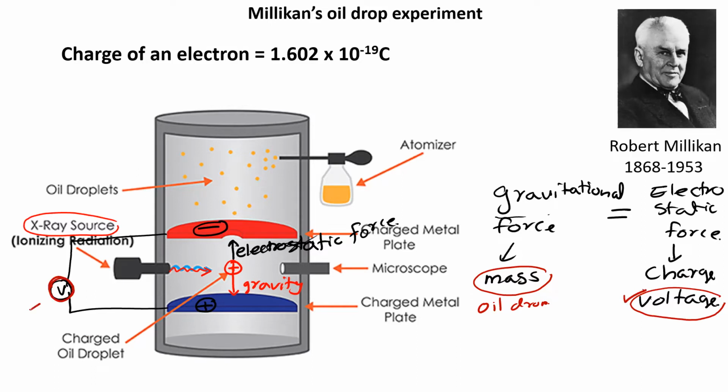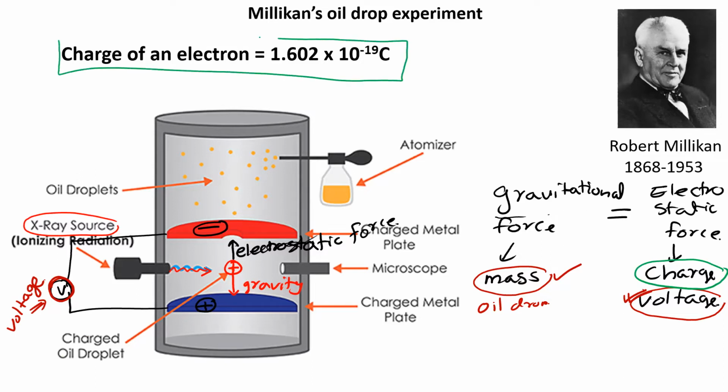This gives you the voltage. So when you know 2 terms out of 3, now he can find the charge of the electron. So that is how he found the charge of the electron.